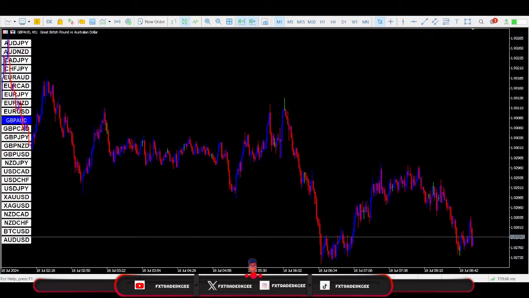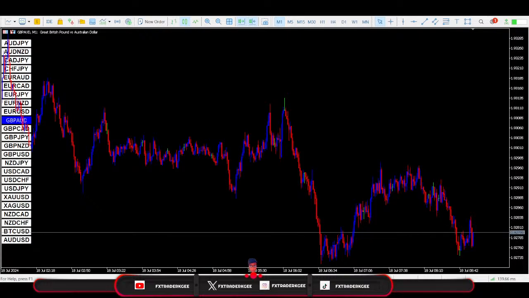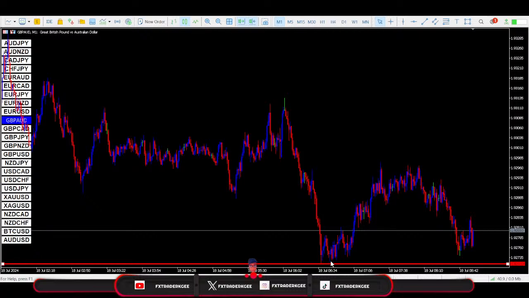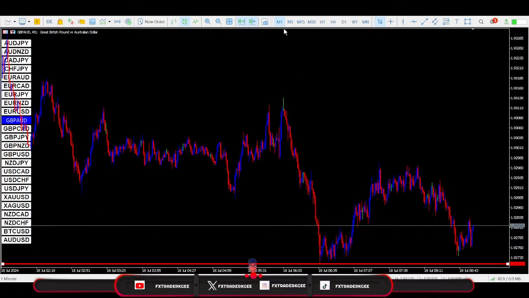There are psychological levels to look at. There are levels to look at. There are points that we really need to look at. There are places we really have to keep our eyes on. So in this regard, for GBP Australian dollar, you can see this is a low. I'm analyzing intraday trading.